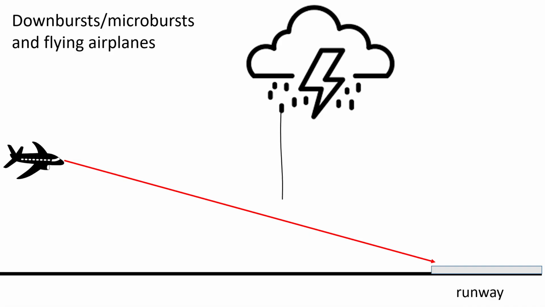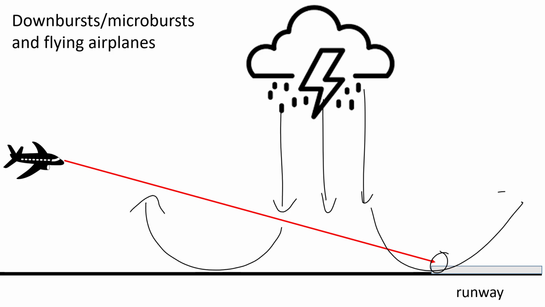I want you to think about air coming down and the pilot trying to land his plane. The pilot lines up his plane for the end of the runway. He knows what the winds are. He kind of knows what the speeds are. He's got his plane lined up. Well, let's consider this microburst that does this.